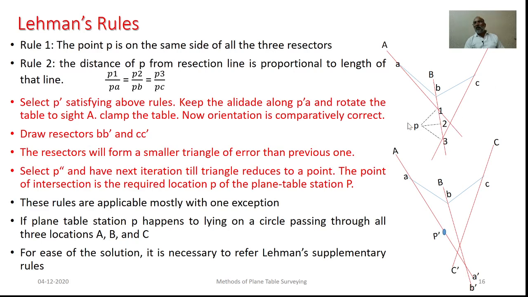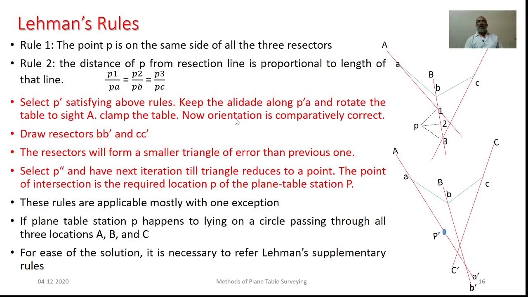We wish to determine the location of this P. In order to proceed, we'll assume a location, and according to the first rule of Lehman, the way you see towards the resector aA, it is on the left side. Similarly, it has to be on the left side of bB and the left side of cC, simultaneously.